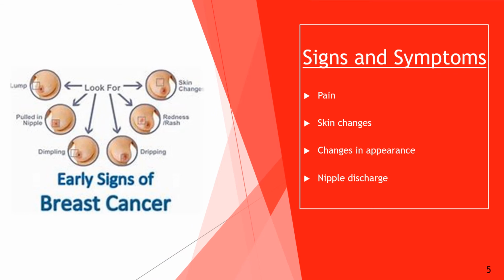Symptoms of breast cancer can often be difficult to detect in its early stages. While some with breast cancer will experience lumps, pain, swelling, and skin changes, others may experience no obvious symptoms.